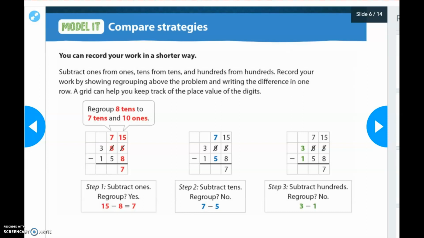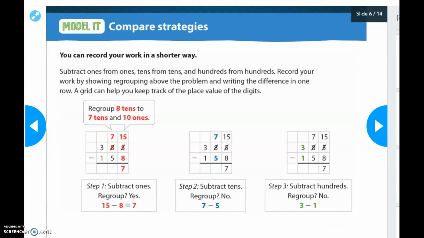We have to take one of the 10s, move it to the 1s, then we're going to subtract and check this one. This one's not bigger, so we can subtract there. So we subtract our 1s, we subtract our 10s, we subtract our 100s. And this just shows it.